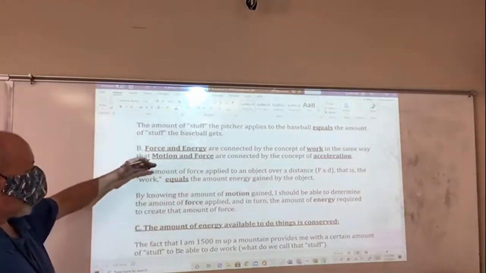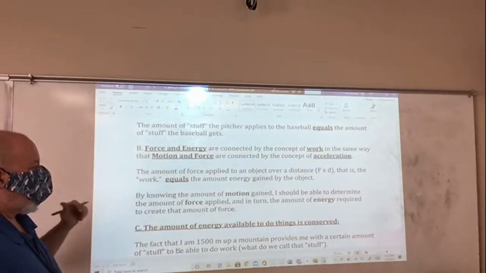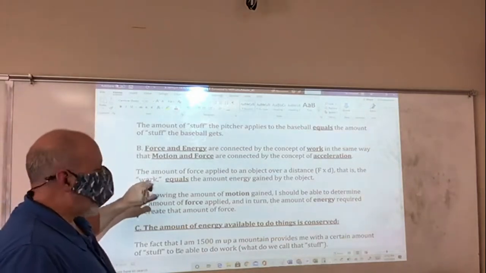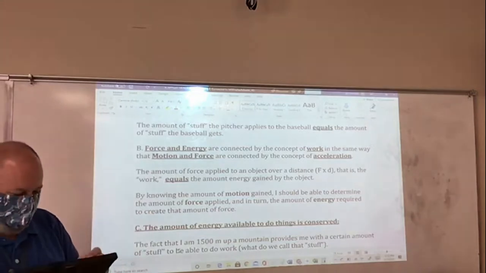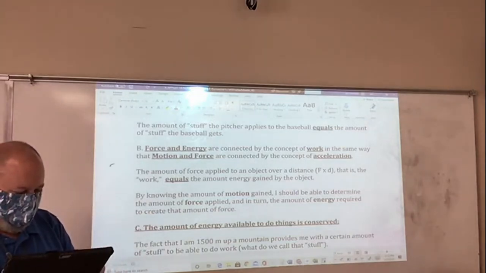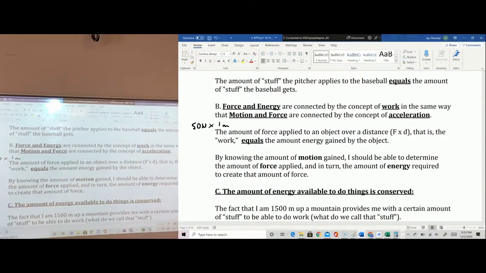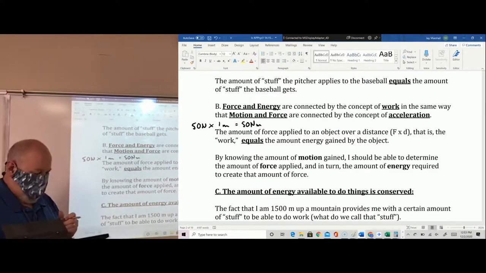If I apply a force of 50 newtons over a distance of 1 meter, that is the amount of work that I did on it. Okay, now you can say then that if I multiply 50 newtons times 1 meter, that would be 50 Newton meters. But we give that unit a special name.